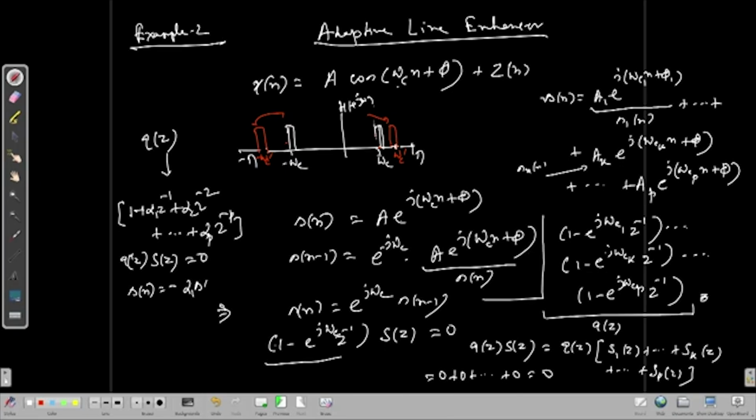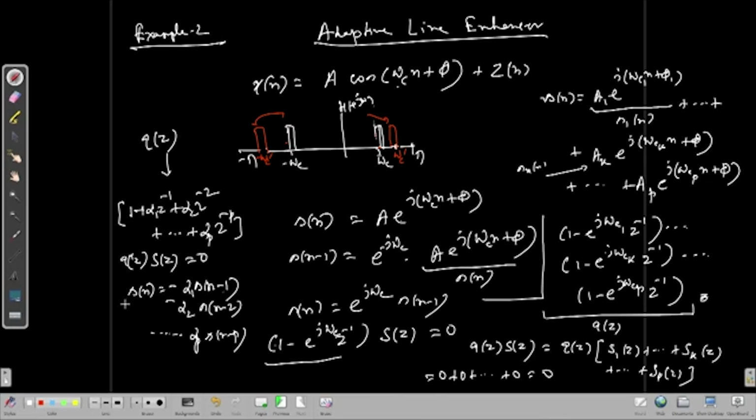So, minus alpha 1 S n minus 1. Similarly, minus alpha 2 S n minus 2, dot dot dot dot, minus alpha k, or no need to have alpha k, you can directly go to the last term, minus alpha p S n minus p.